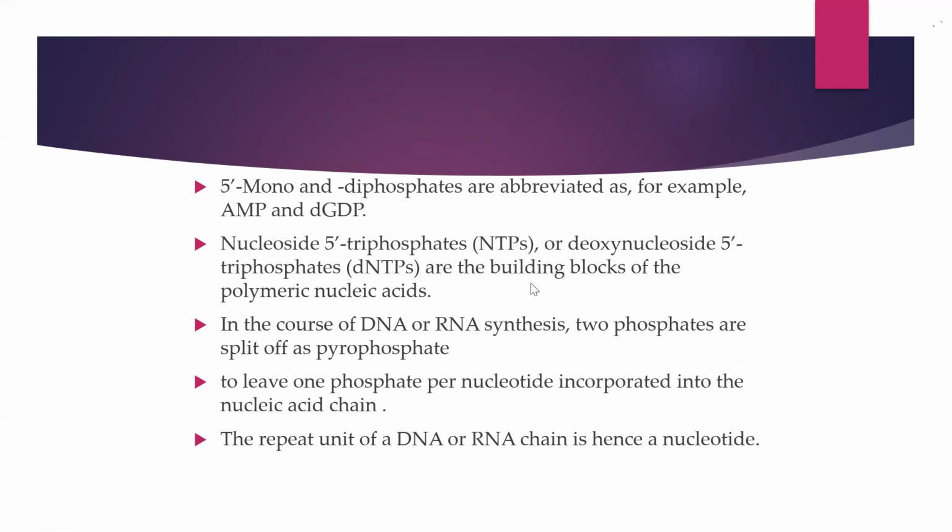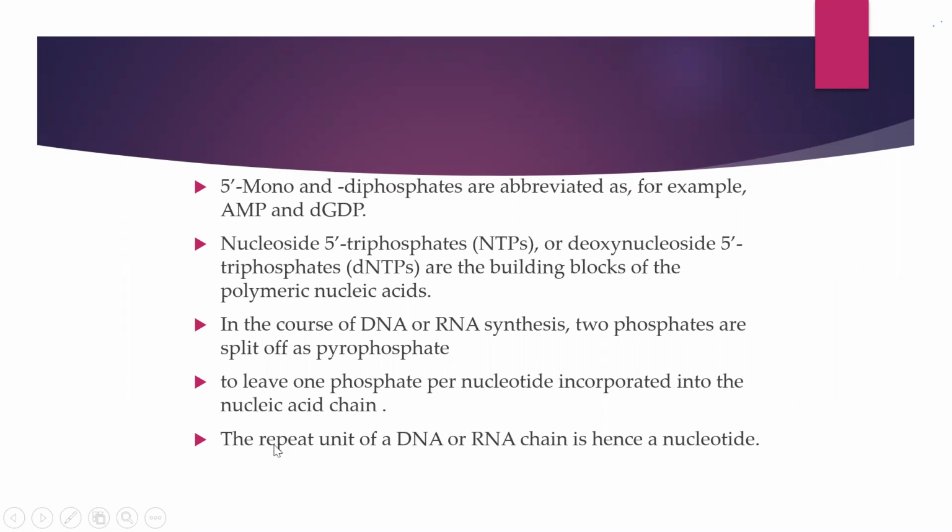During the process of this DNA or RNA synthesis, what happens? From this triphosphate, two phosphates are split off in the form of pyrophosphate, and only one phosphate gets incorporated into the nucleic acid chain. So if you recollect the mechanism of DNA synthesis, as the polymerization is going on, by utilizing these dNTPs as precursor during the DNA synthesis, two phosphates in the form of pyrophosphate will be released, and only one phosphate per nucleotide gets incorporated into the nucleic acid chain.